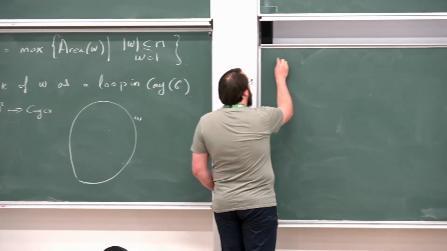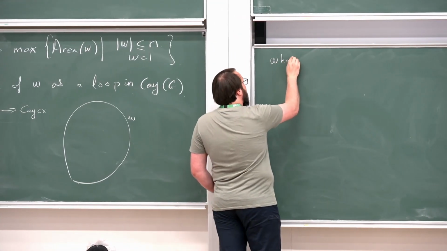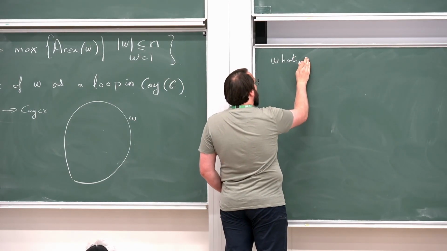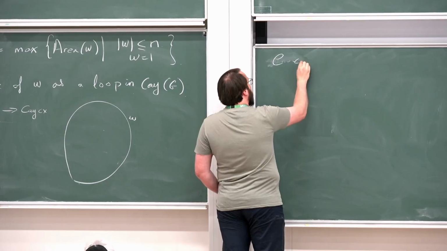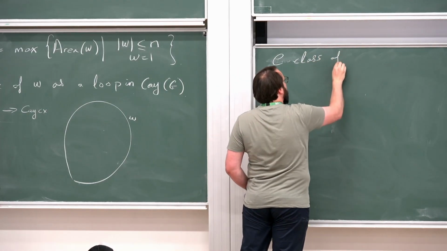Okay, so let's write it like this. Let's say C is a class of groups.